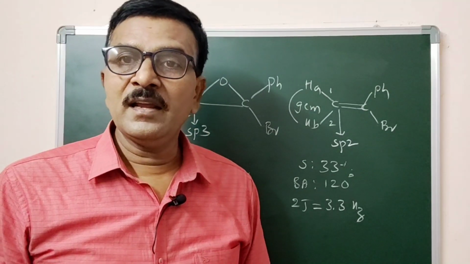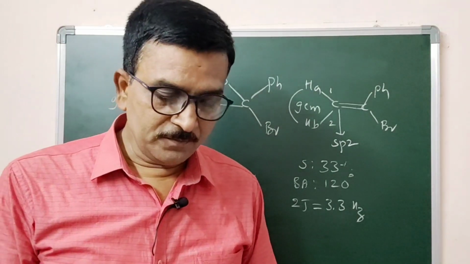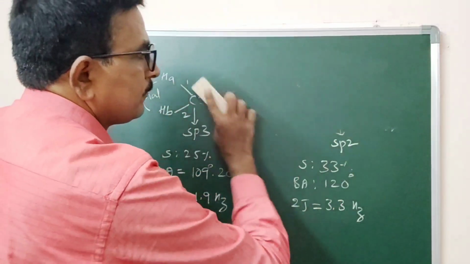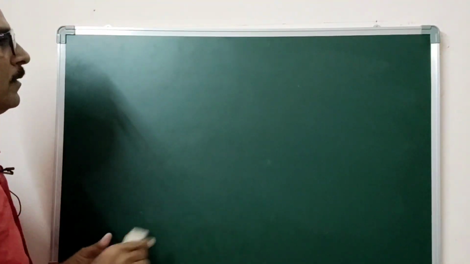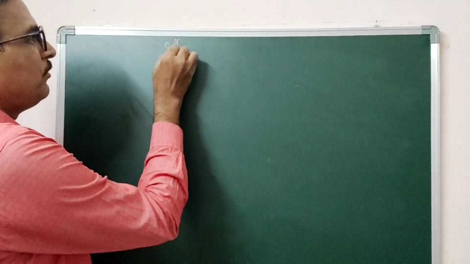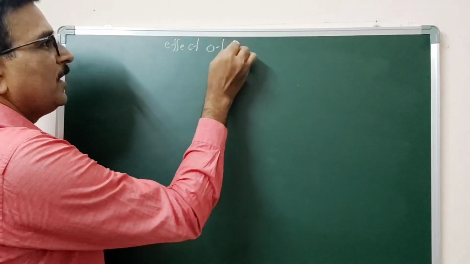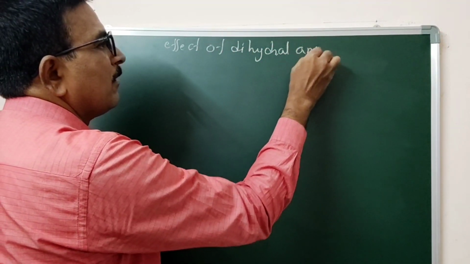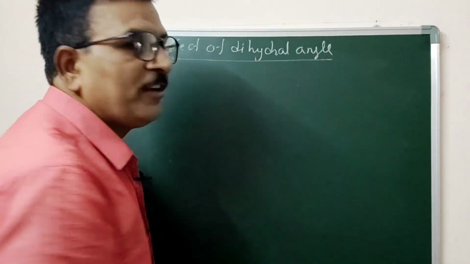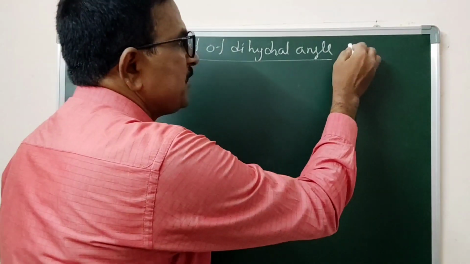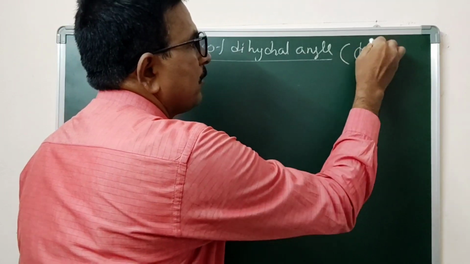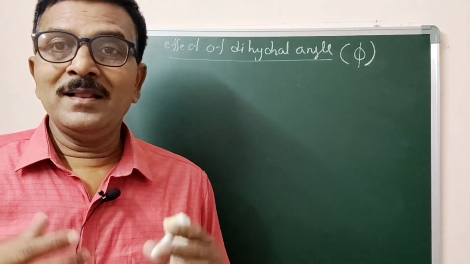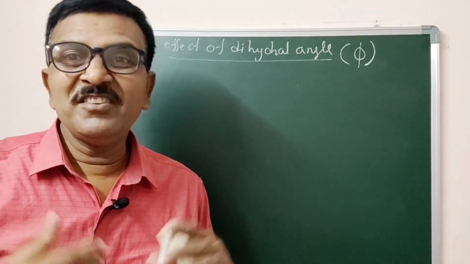Now the second effect in the syllabus is the effect of dihedral angle, which is represented with phi. Now the second type of couplings, that is vicinal couplings.